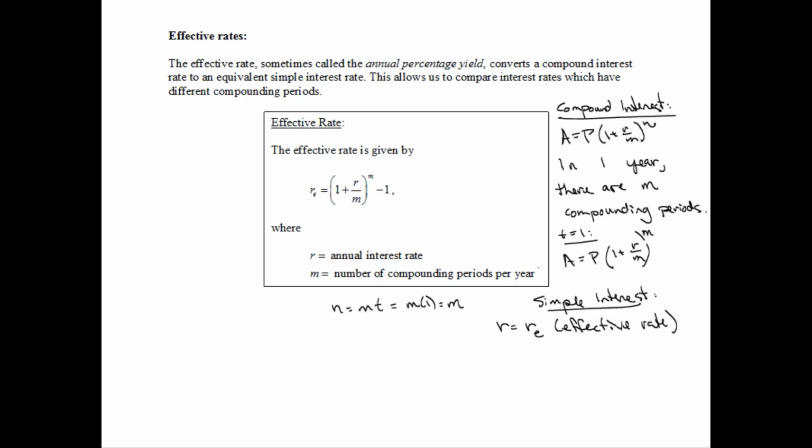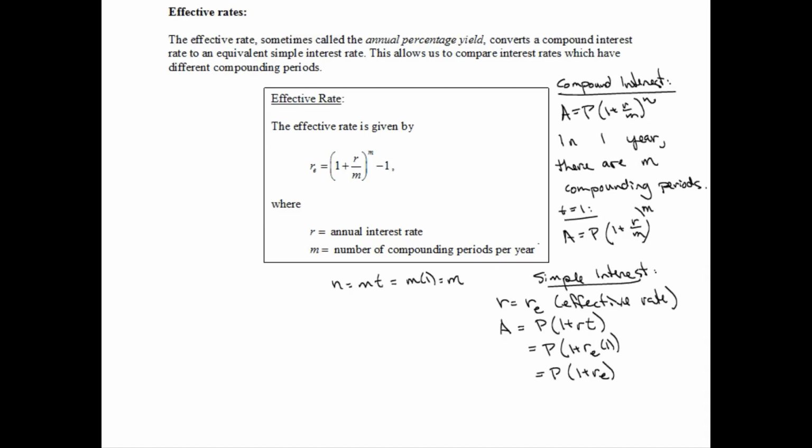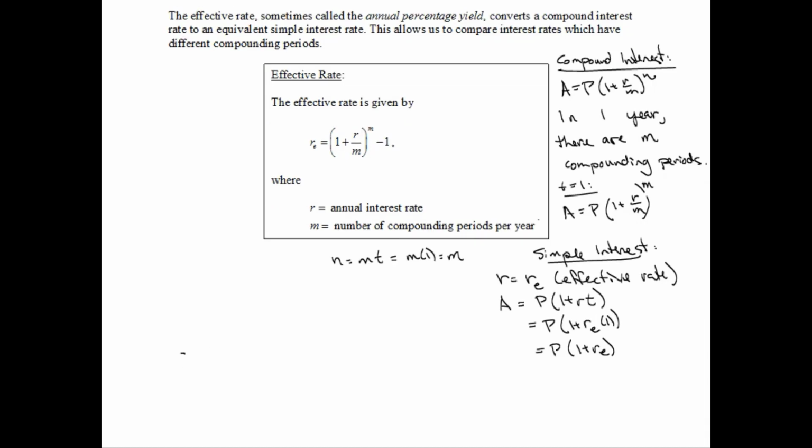So here we have A is equal to P times 1 plus RT. So that will be P times 1 plus effective rate times 1 year. So P times 1 plus R sub E. Now what we're going to do is set these equal to one another.